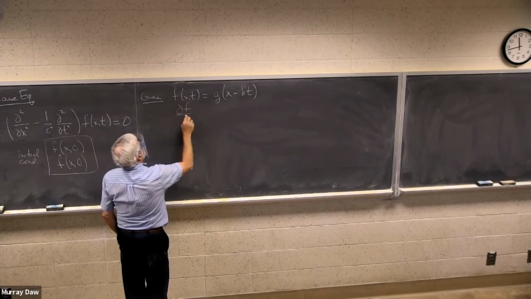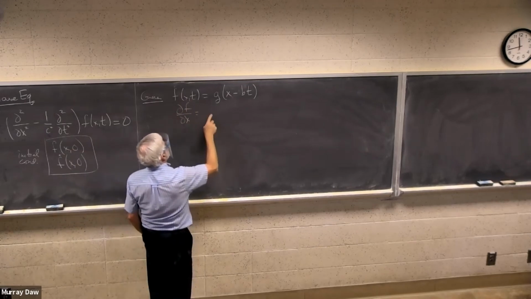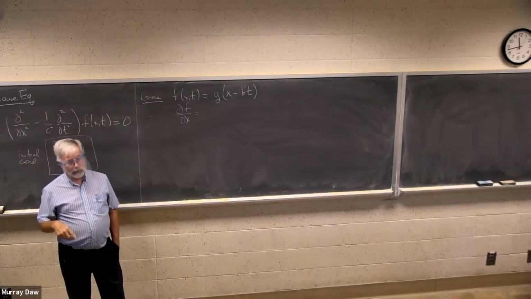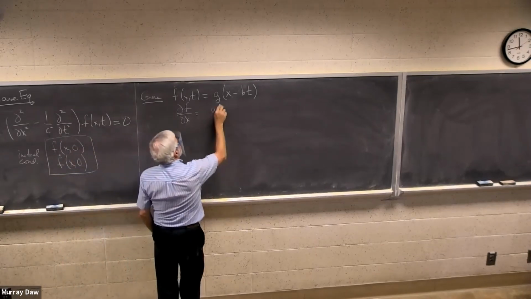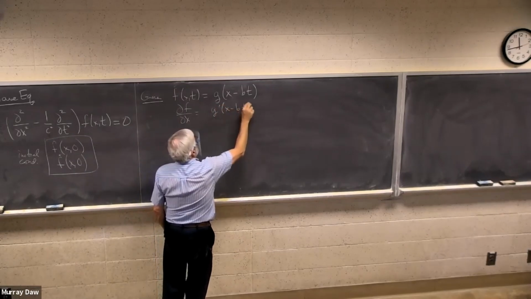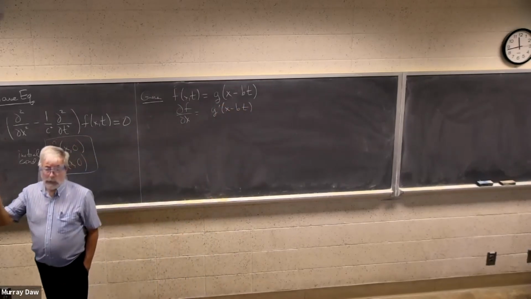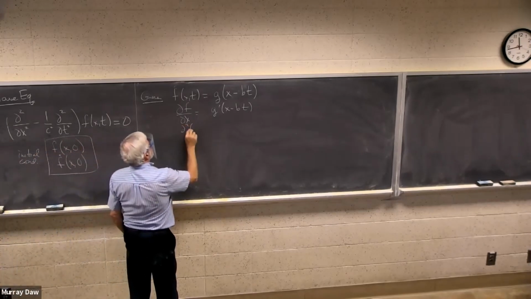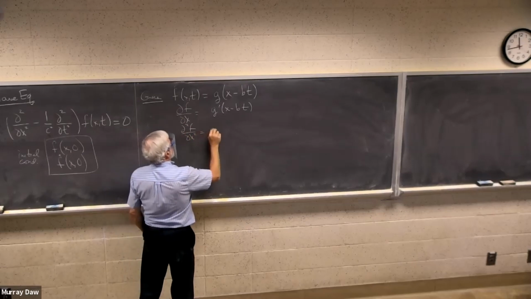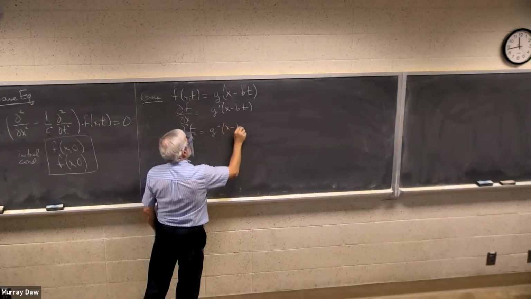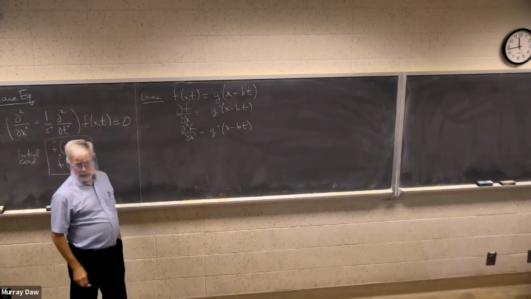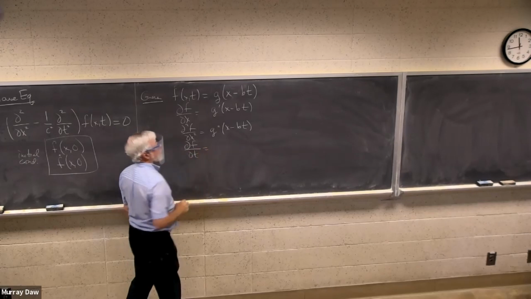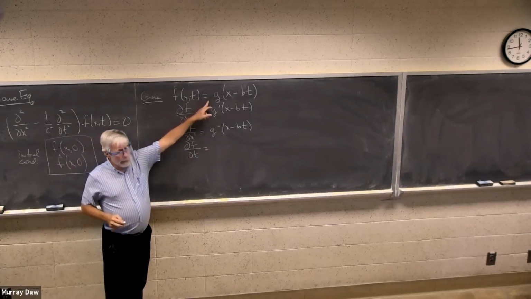Okay, so I take a derivative. I have to take two derivatives. Now I hold t constant when I take the derivative with respect to x. So this is just the derivative of this function g, whatever it is. I don't know what it is. It's just some function, any function. Second derivative. Okay, so far easy. I need two derivatives in time. Take the time derivative of this.